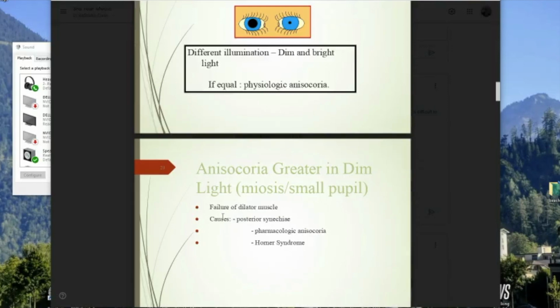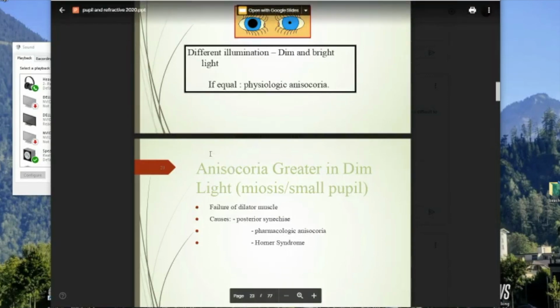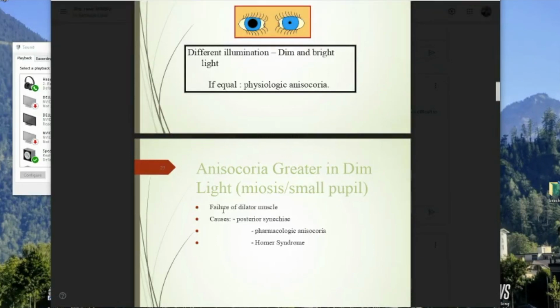In bright light, the pupil is small, and then in the dark it is still small. One eye is small, one eye is big. So definitely in the dark, the one that is small is abnormal. It is because of failure of the dilator muscle.